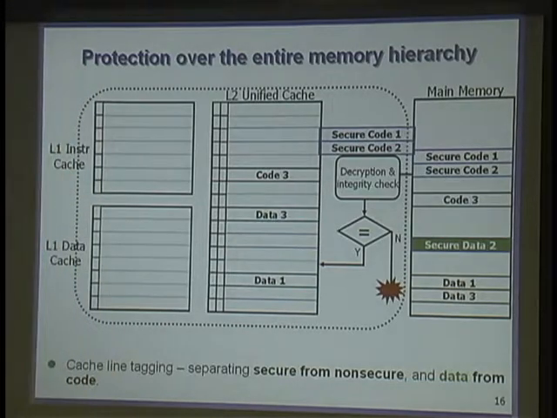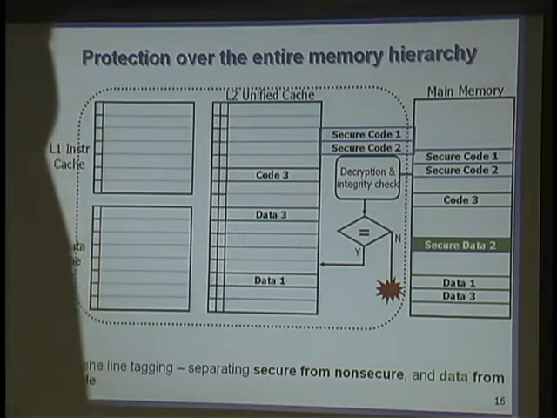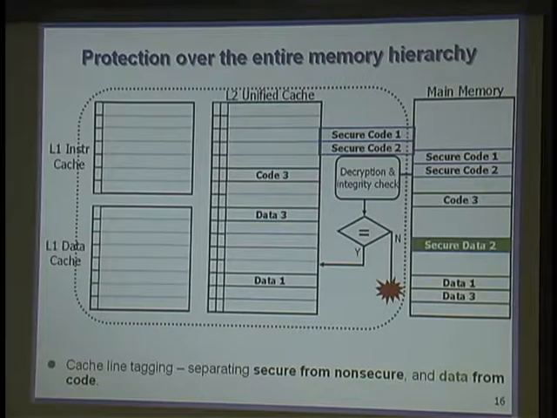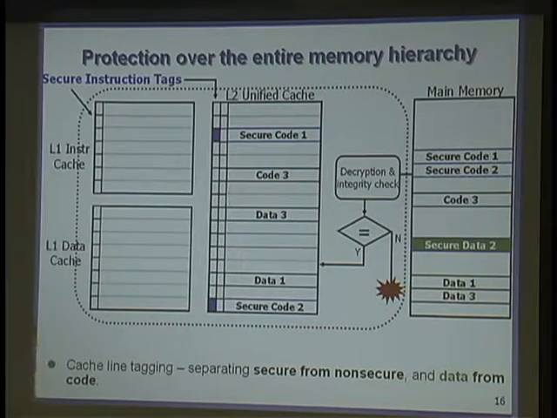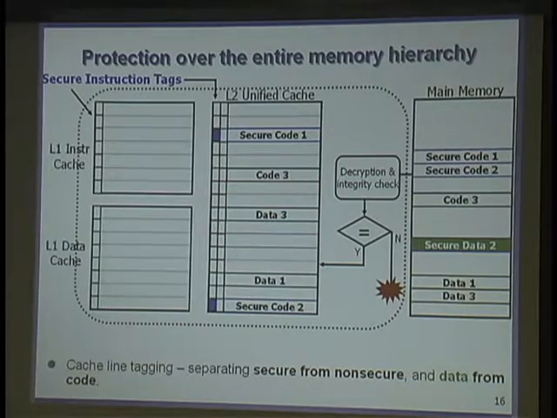But if you were to bring in secure code, those instruction lines from the TSM will be integrity checked, and when they go into the unified cache, the secure instruction tag will be set to blue in this case. That means this is a secure instruction line. Now, if you bring in a secure data line, the secure data tag will be set, okay?